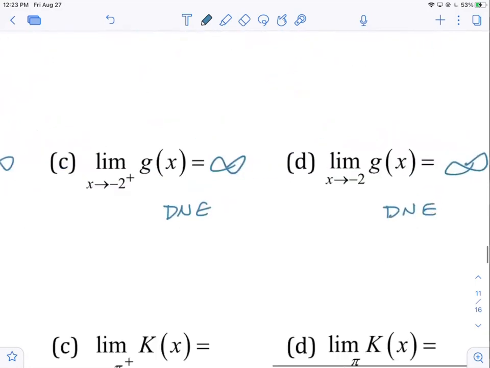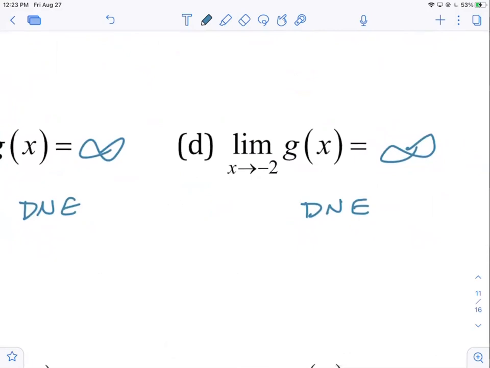When you hear that the general limit of any function as you approach a specific value of x is infinity, that means that it's going up on both sides. That's what that means. And if the general limit is negative infinity, you know it's going down on both sides. Okay? Fantastic.